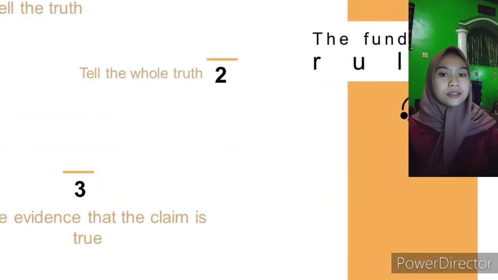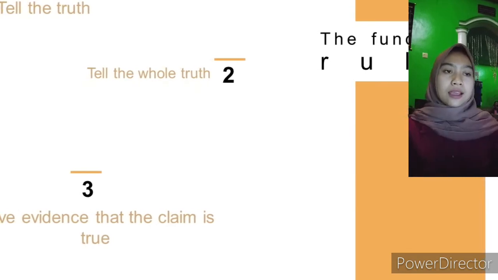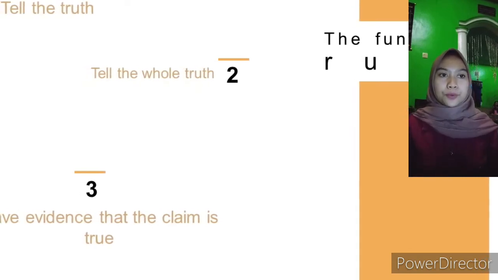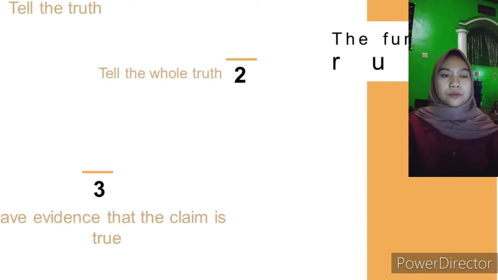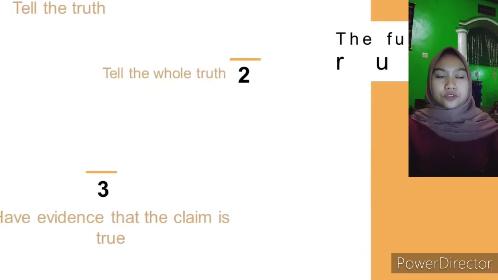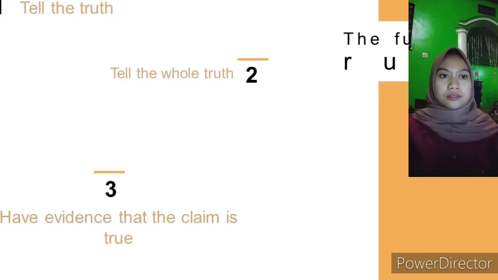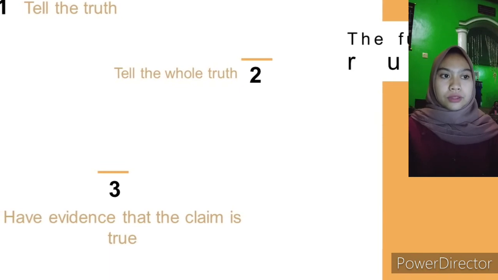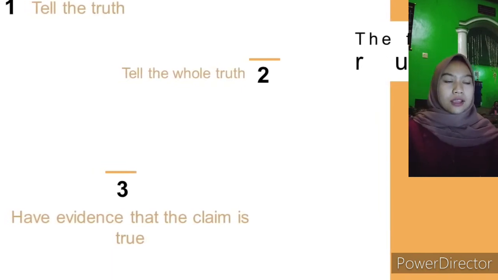Next is the fundamental rules for advertising. Anyone who writes or produces an advertisement has to follow some very basic rules. They have to: 1. Tell the truth. Advertisers cannot mislead consumers about the benefits of what they are selling. 2.